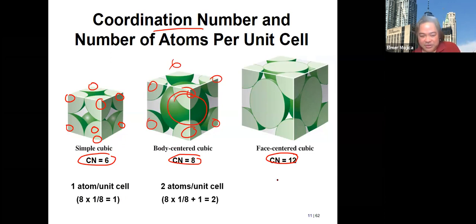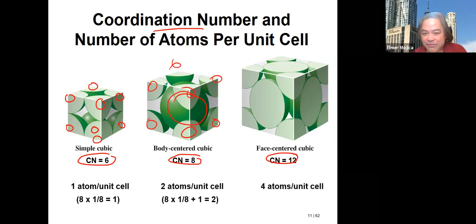And here, what do you think the magic number is? 4. Where do we get the 4? Again, we have the 8 corners times 1/8, and how many sides do we have? 6 sides, and each side gets 1/2.